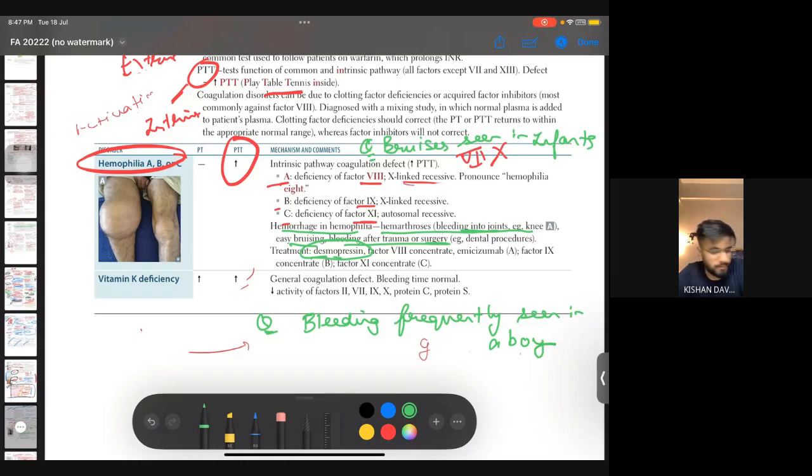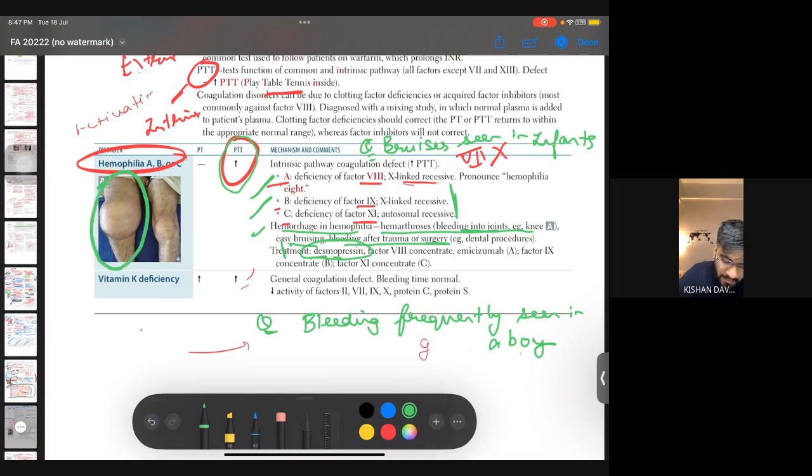Okay, this is how they will be asking you. Nothing else you need to remember. Just remember this hemophilia. Just remember that it is genetic. Remember the symptoms. And yes, if hemophilia comes, then it will be only increasing PTT because factor 7 is not involved. That is responsible for the extrinsic pathway.